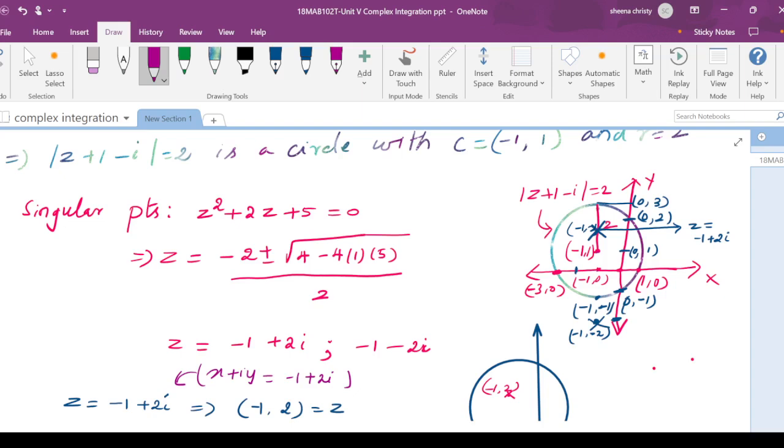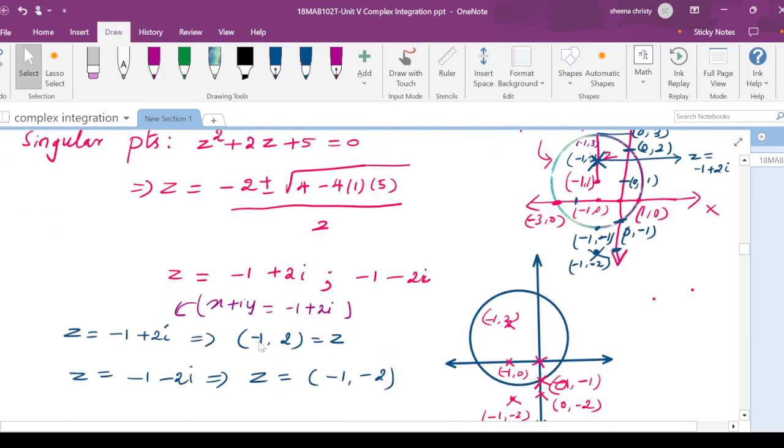And since the radius is 2, this point is going to be (-1, 3). We have to observe whether the point (-1, 2) and the point (-1, -2) lie inside the circle or not.